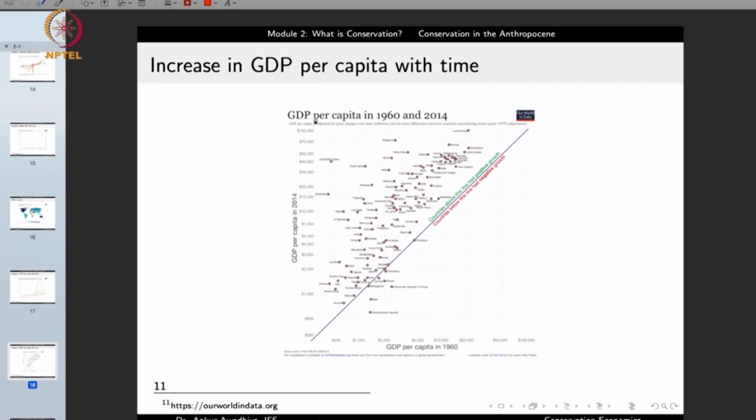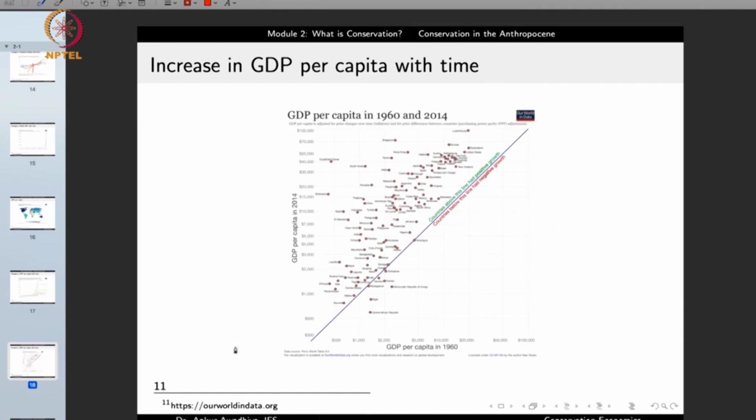Now, suppose the rate of growth was the same everywhere, so that would have led to countries that would have been on this line. So this line at 45 degrees is showing that if you had, say, 500 GDP per capita in 1960, you also have 500 GDP per capita in 2014, which means that there is no change in the GDP per capita, there is no change in the affluence.